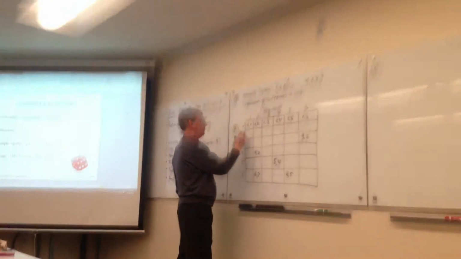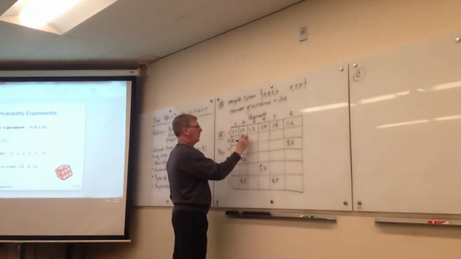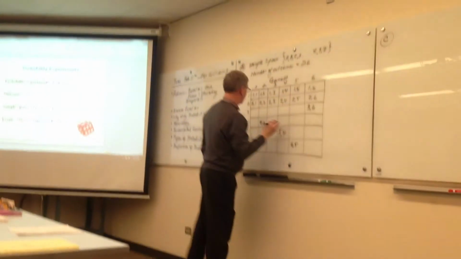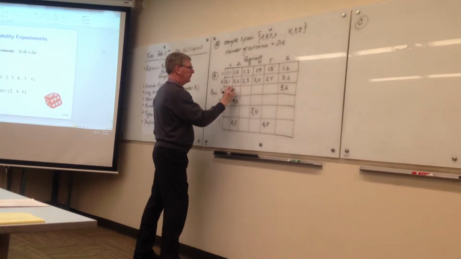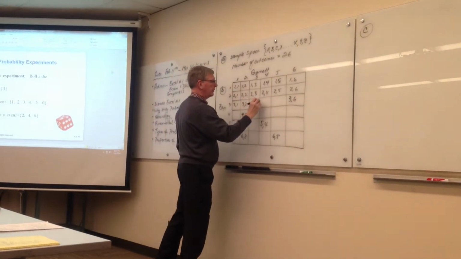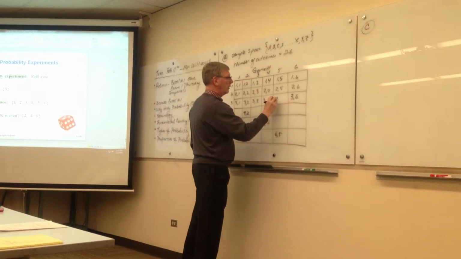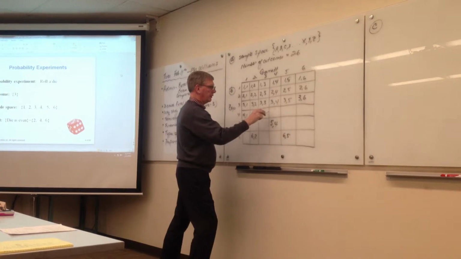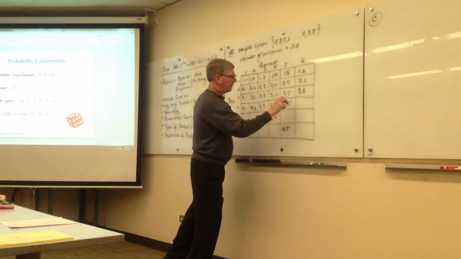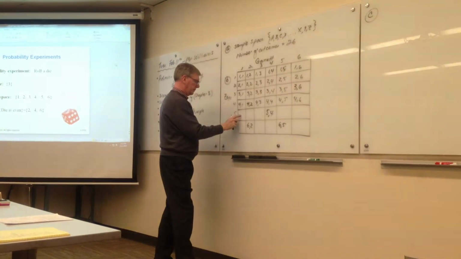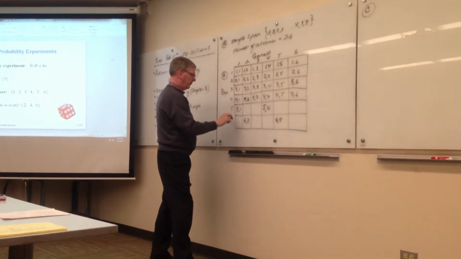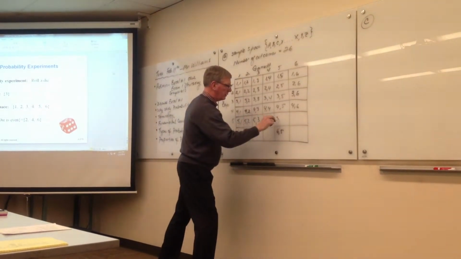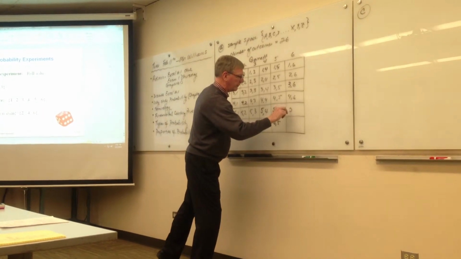I'll take the time up here because I'm going to use it later also. 2, 1, 2, 2, 2, 3, 2, 4, 2, 5, 2, 6, 3, 1, 3, 2, 3, 3, 3, 4, 3, 5, 4, 1, 4, 3, 4, 4, 4, 5, 4, 6, 5, 1, 6, 1, 2, 5, 3, 5, 5, 5, 6.